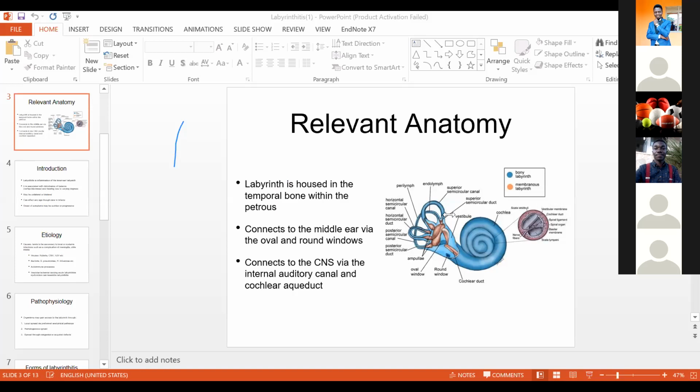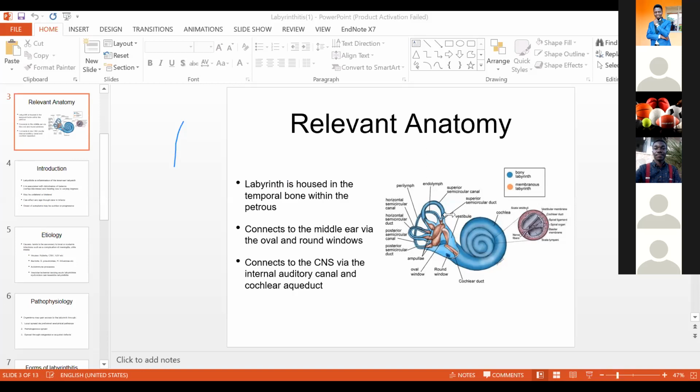We take the patient to theater if they fulfill all the requirements for theater, and we make a post-auricular incision, and then we drill away the infected bone, we exteriorize the mastoid, and then we enter into the antrum and we clear all the disease from the middle ear.